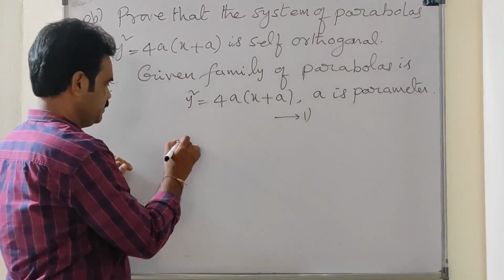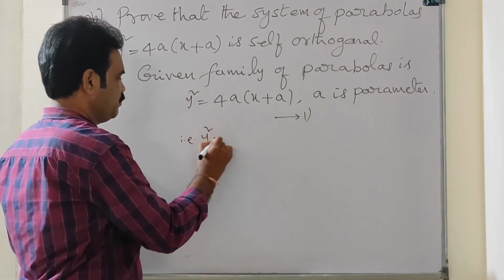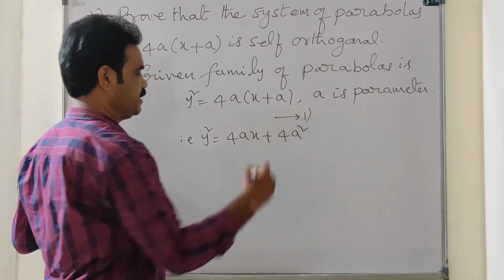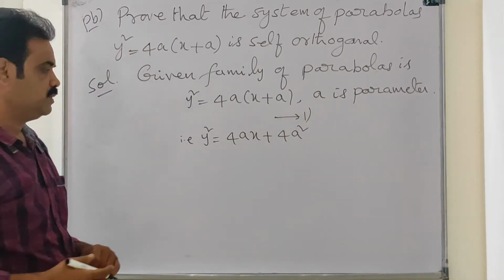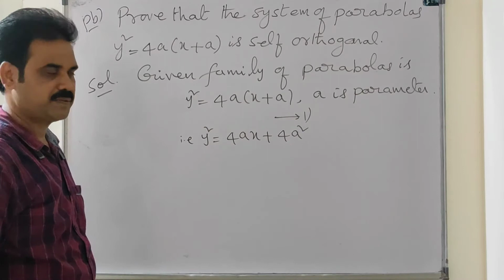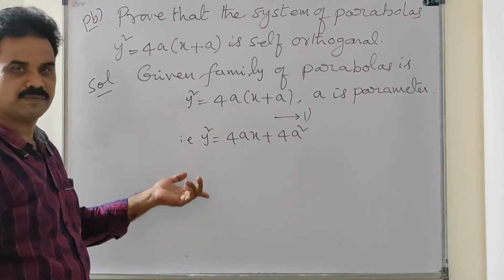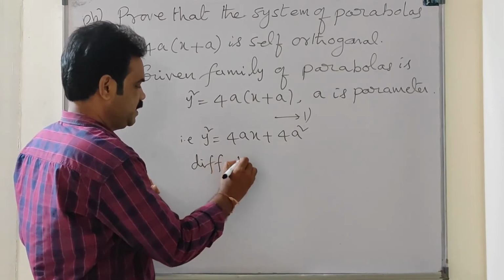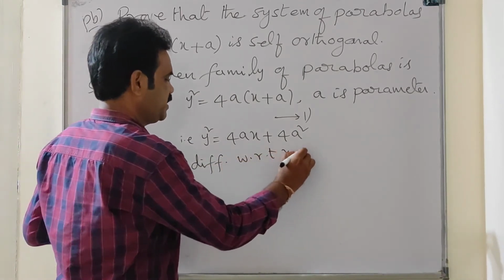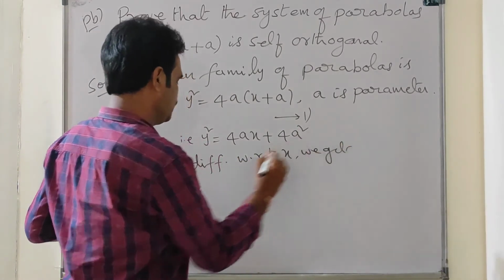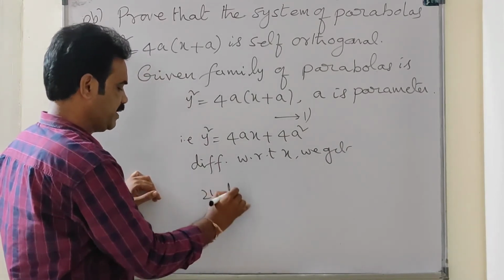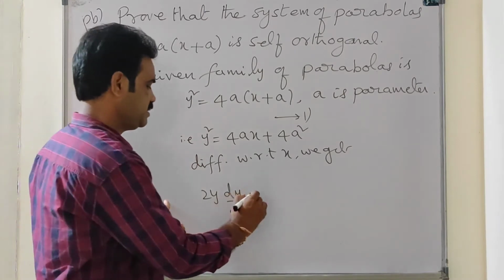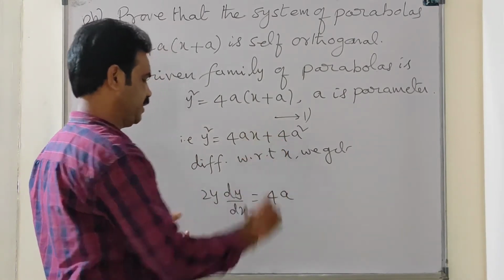That is y square equal to 4ax plus 4a square. Now I have to find the differential equation of this. Differentiating with respect to x, we get 2y dy by dx, the derivative of y square, is equal to 4a.